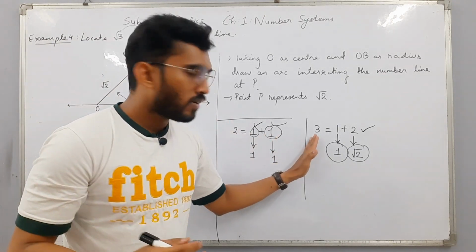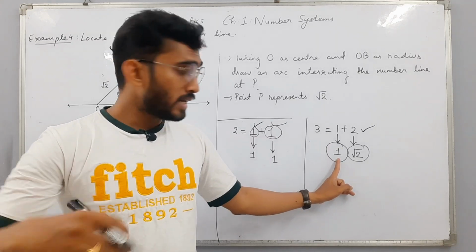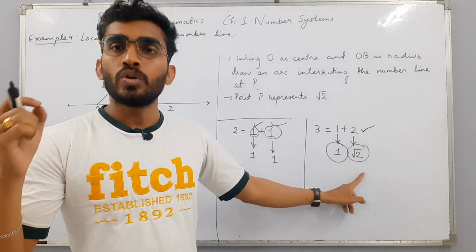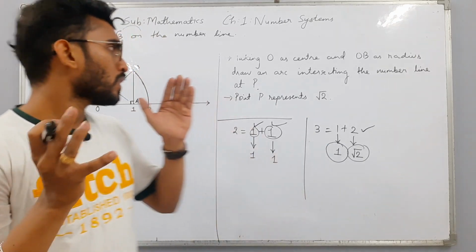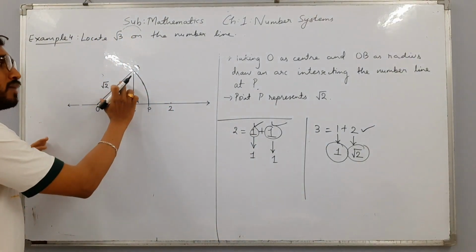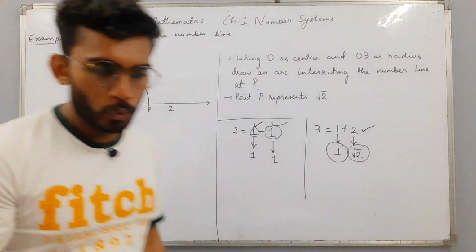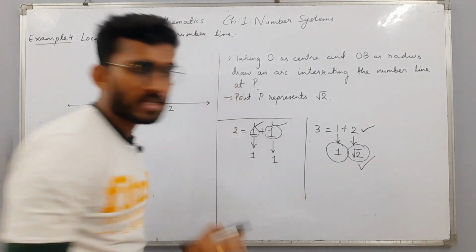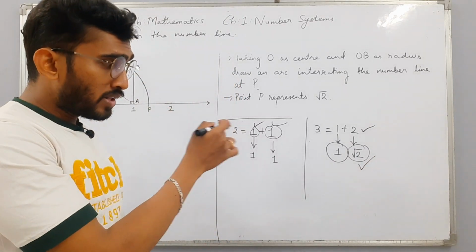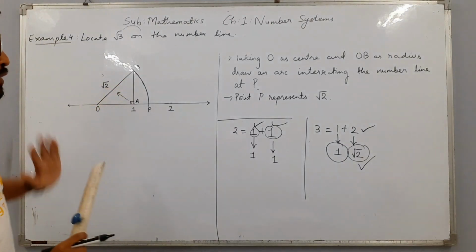For 3 we have to make a right triangle in which one side is 1 unit and the other side is root 2 units. That is the only possible way. Here we already have OB equal to root 2 units, so one side is satisfied. The other side we have to take as 1 unit, perpendicular to OB.